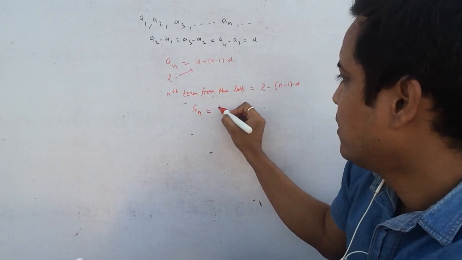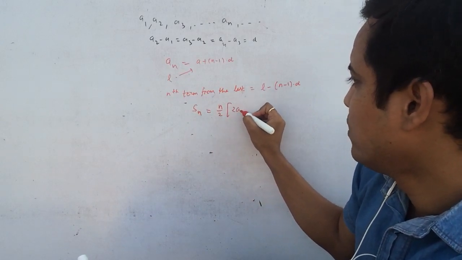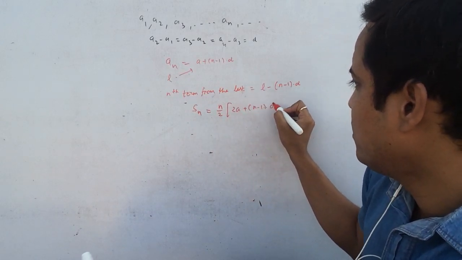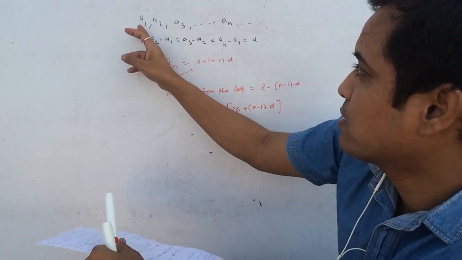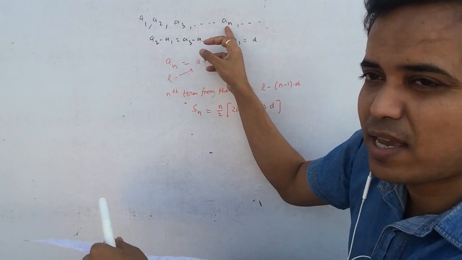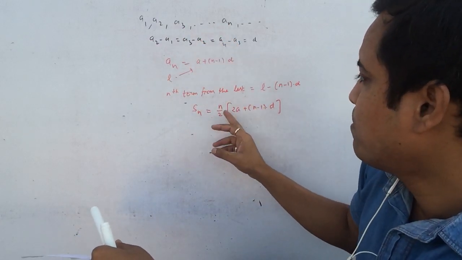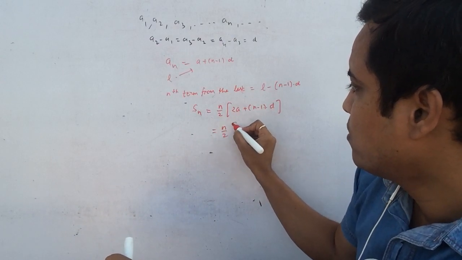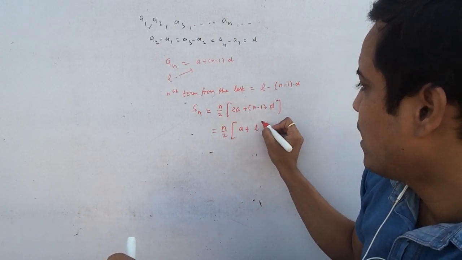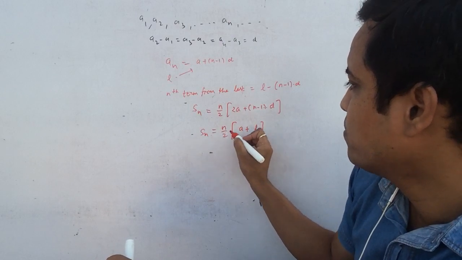Sn equals n by 2 into 2a plus n minus 1 into d. This is the sum of the first n terms, that means a1 plus a2 plus a3 up to an. In the same way you can write n by 2 into a plus l also, where l is the last term.